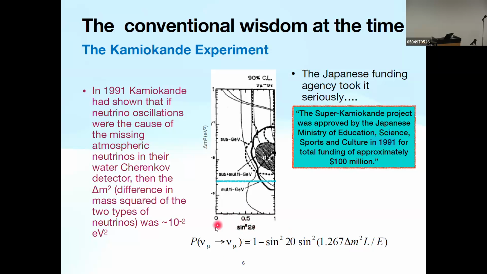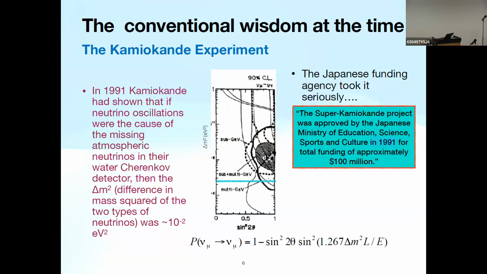So they were able to make an estimate of the mixing angle and of the mass squared difference of the 2 mass eigenstates. This was what everyone thought was the answer.